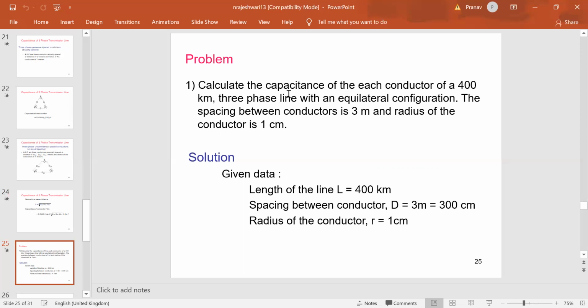From this, we will first write the given data: the length of the line L is equal to 400 kilometers. For this length, we will find out the capacitance of each conductor. The spacing between conductors, capital D, is equal to 3 meters, which is 300 centimeters.